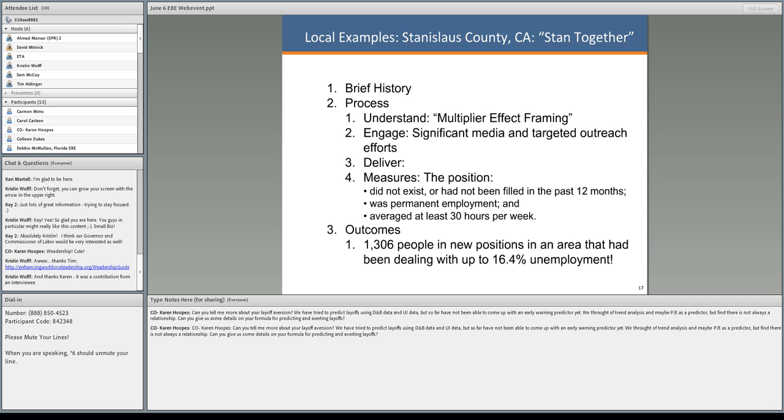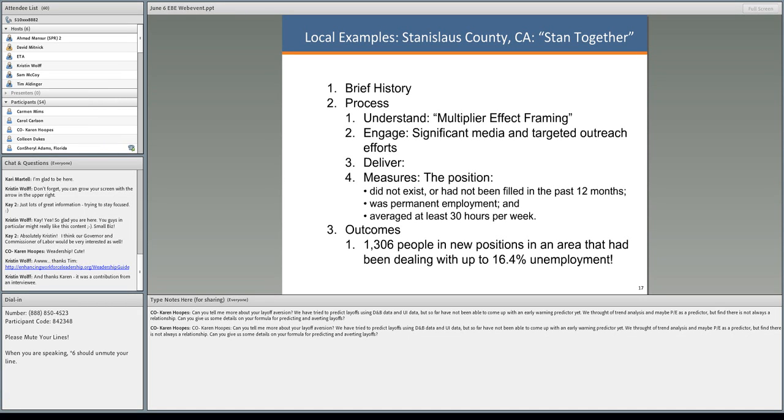So they thought, there's something about encouraging this kind of activity that seems to have results. What does this mean for our work? They continued along, and the organization I'm talking about is the Stanislaus Alliance, which is both an economic development as well as workforce organization.